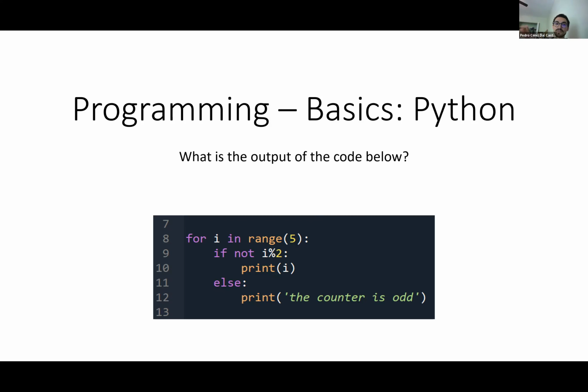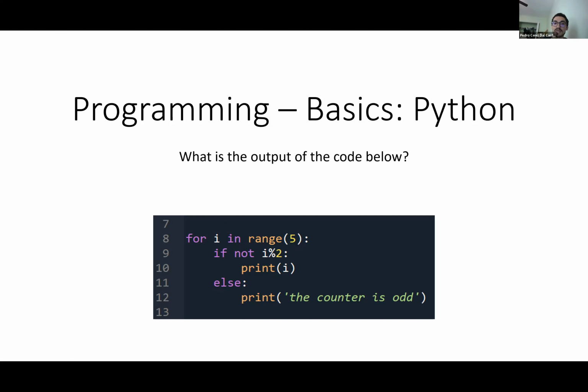Now, if I is 3, for example, 3 divided by 2 is 1, remainder 1. So 3 is not an even number. So only even numbers will return 0 in this operation, and all the odd numbers will return 1 in this operation.